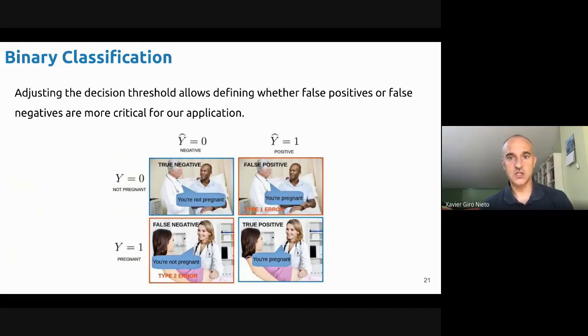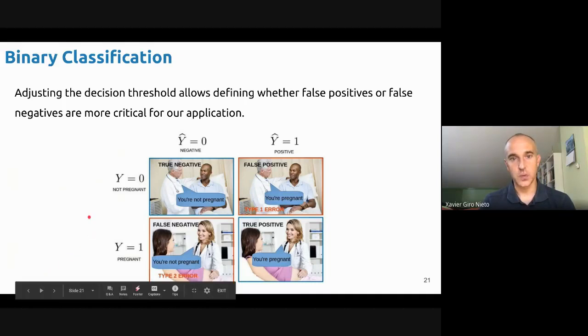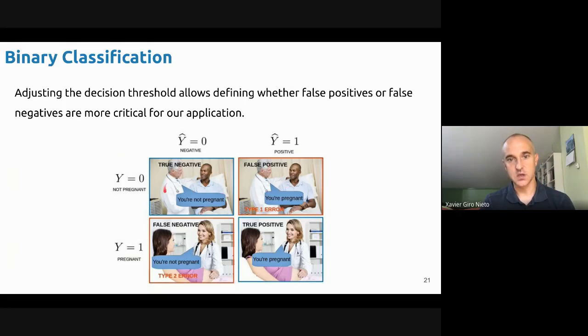In case you never heard about these problems of how to deal with precision and recall, I suggest that you look at this chart, in which this would be the ground truth. If you say you are not pregnant, and this is a man, so he cannot be pregnant, the doctor's prediction is correct: it's a true negative.